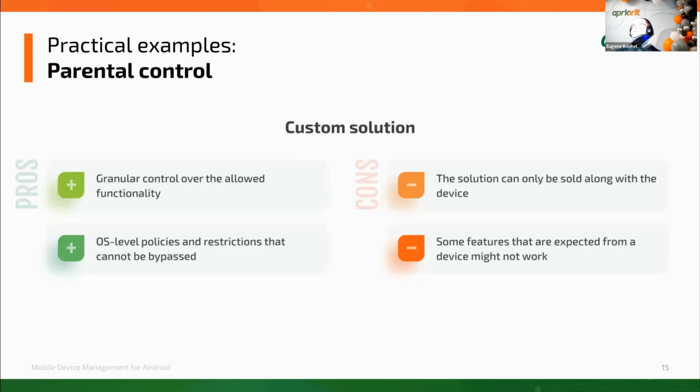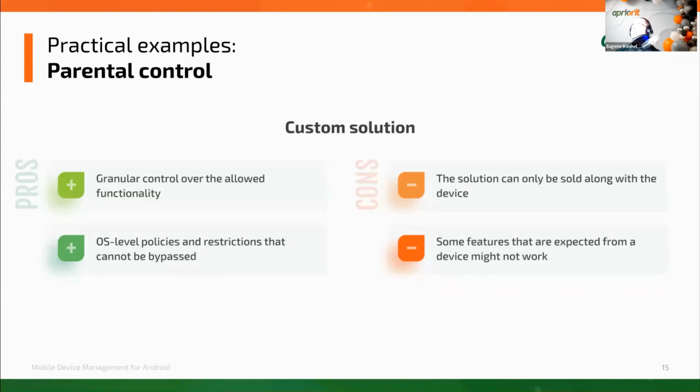And the cons are that the solution can only be sold along with the device. So if the device's hardware and the feature set of the solution are not attractive enough for the users, they will not buy it. The devices have to be powerful enough to have any success on the market.